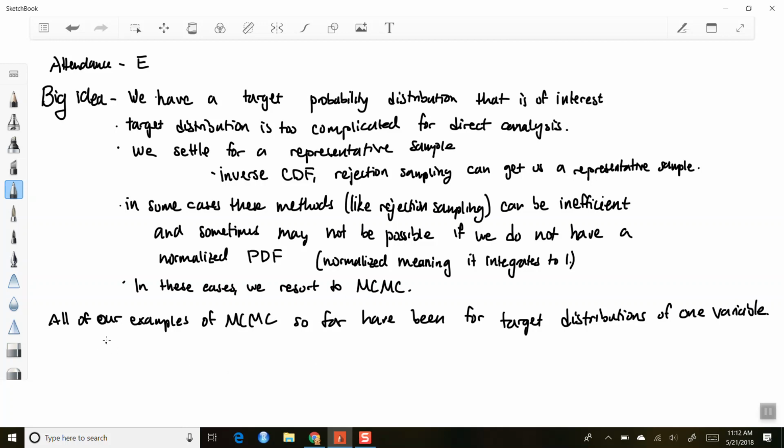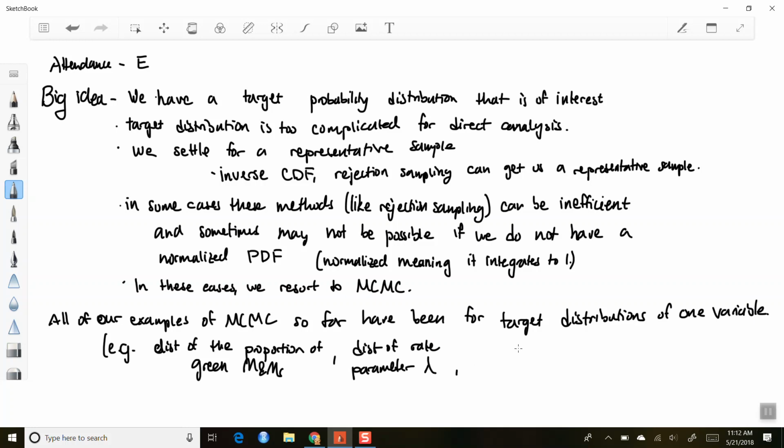So, for example, we were looking at the distribution of the proportion of green M&Ms. That was a beta distribution for the proportion of green M&Ms. Maybe we were looking at the distribution of the rate parameter lambda for the exponential data and things like that.